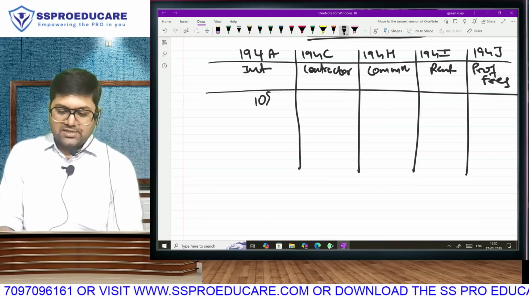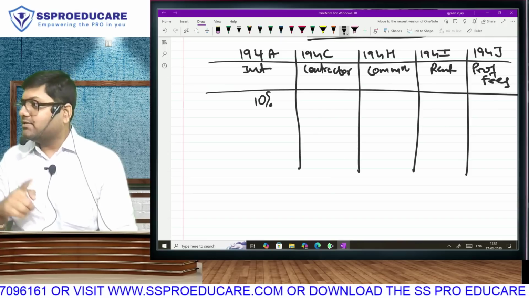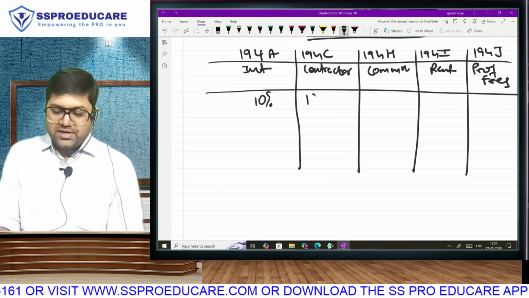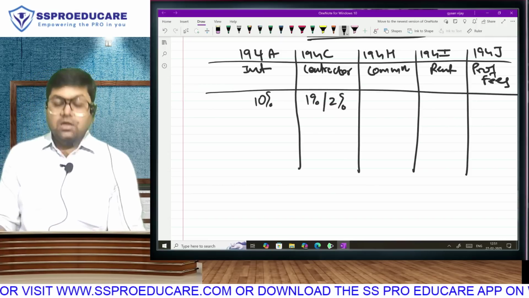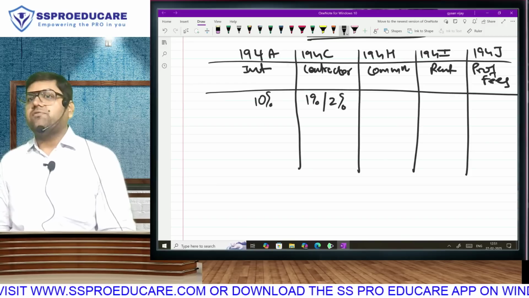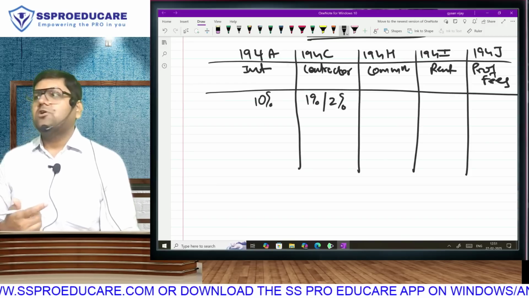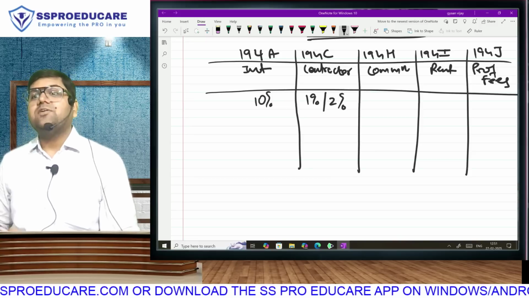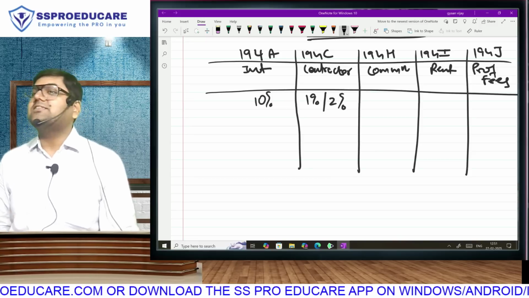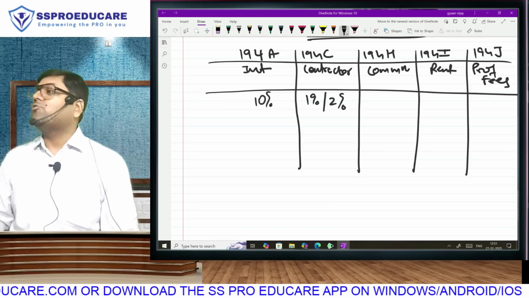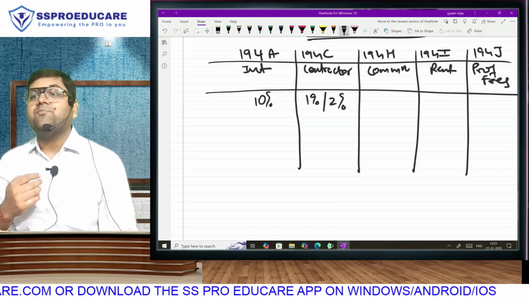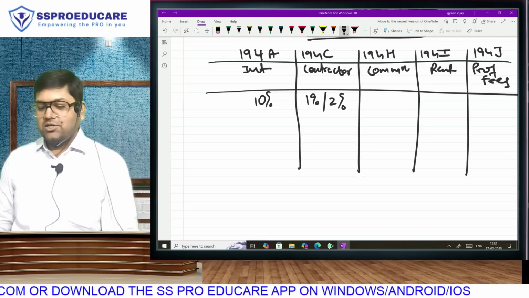Salary, I already told you, is at the full tax rate. This is 10%. Contractor has two rates. If your contractor is an individual or HUF, it is possible that the contractor agency is a proprietorship or HUF owned, so it is 1%. Or the ad agency or the recruitment or labor supply agency is a limited company, LLP or firm, then it is 2%.